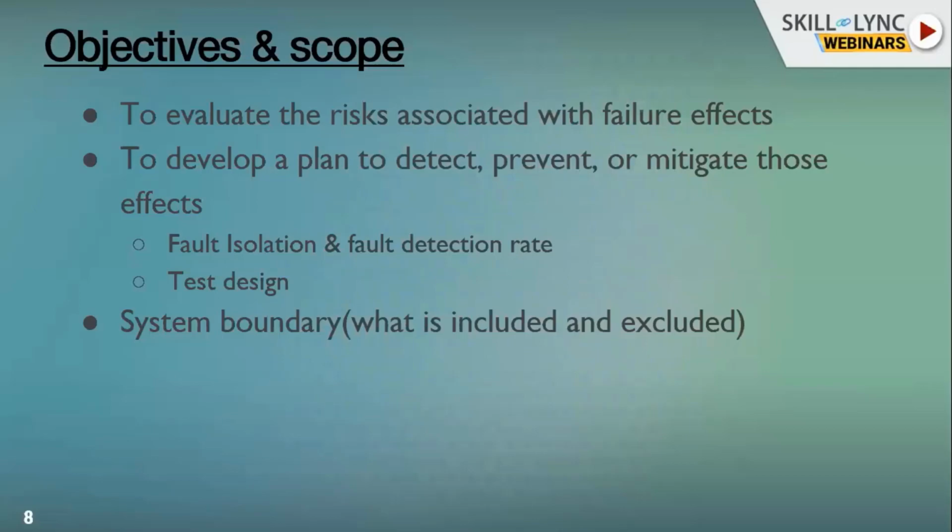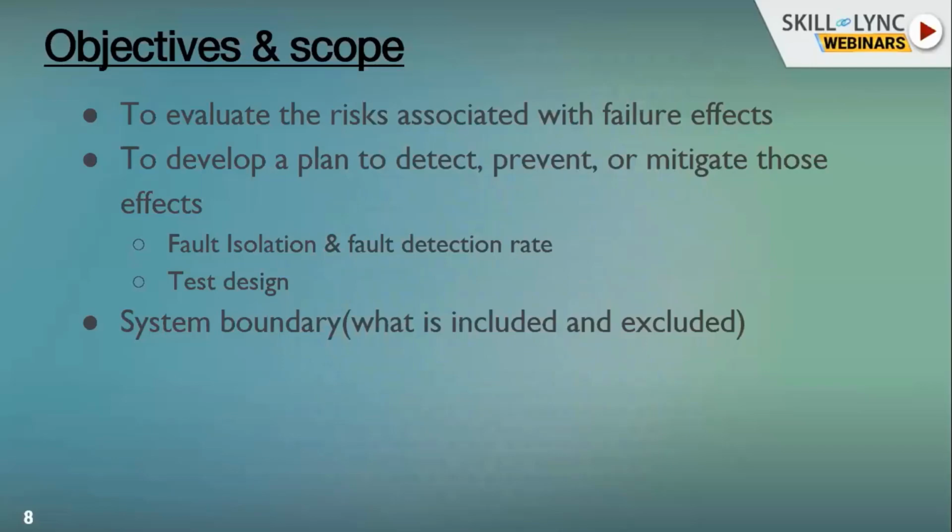Normally they give as a requirement that if it is a critical, major, or catastrophic failure, the detection should happen before the failure happens almost 99.999% of the time. So that is an outcome of the FMEA, that you quantify whether you can detect those faults only 95% of the time or not.